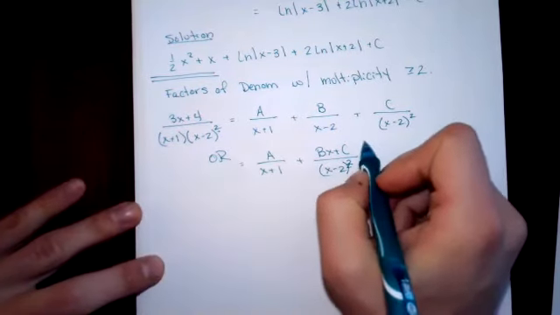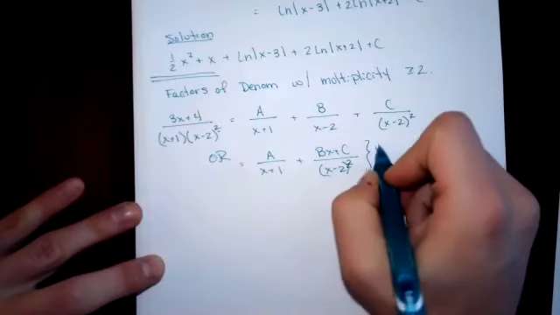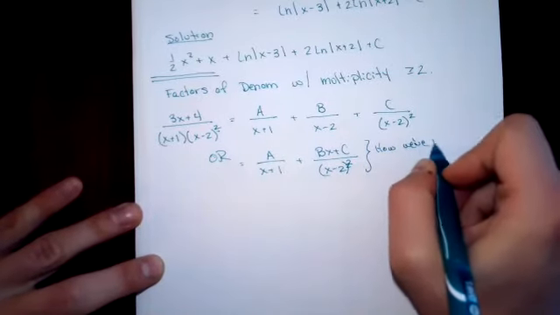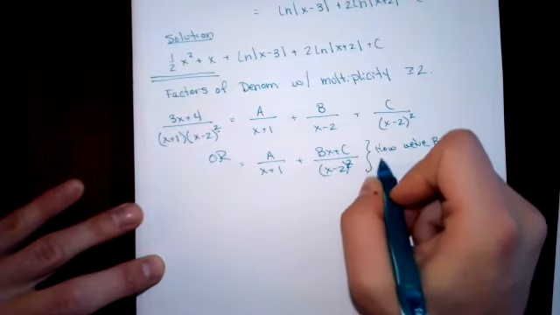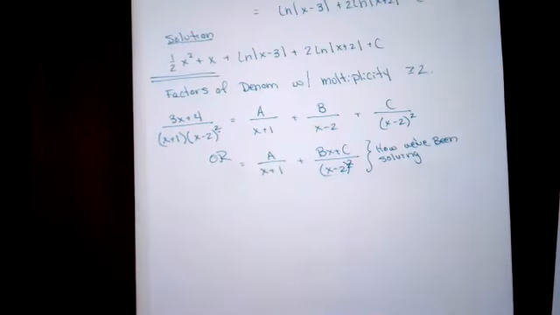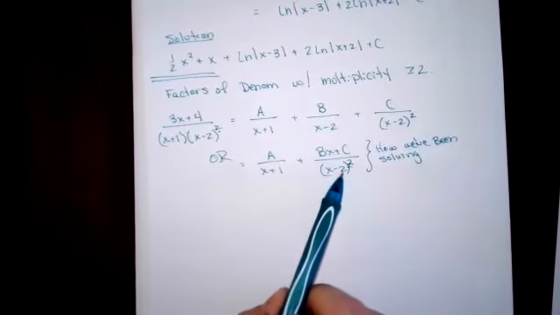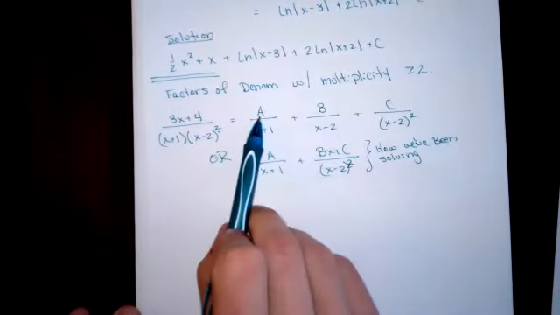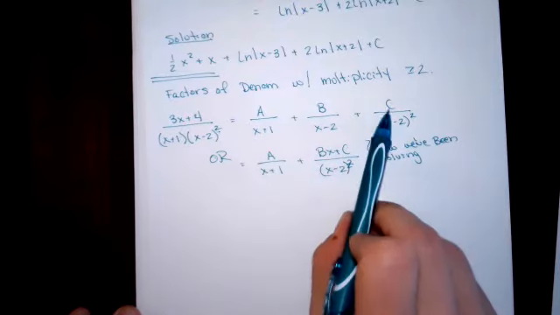This is how we've been doing it. But if you don't want to deal with this bx plus c term, there's another solution where you can set up your constants like this.